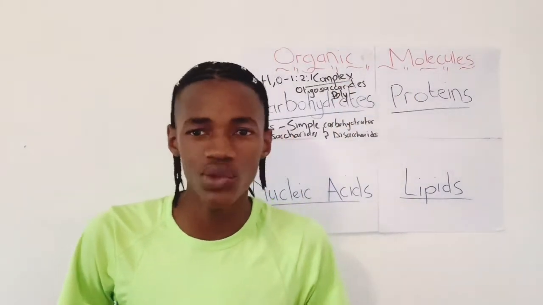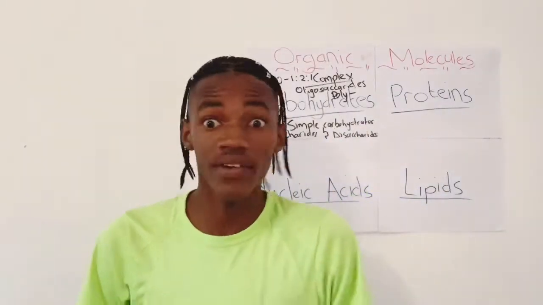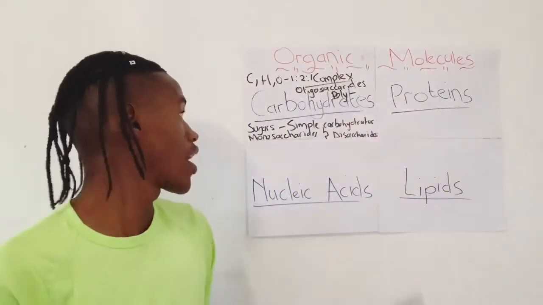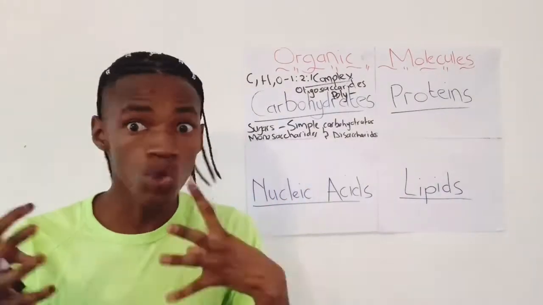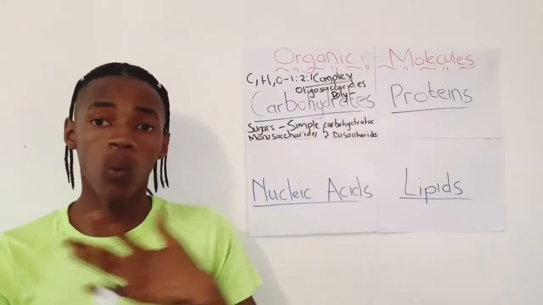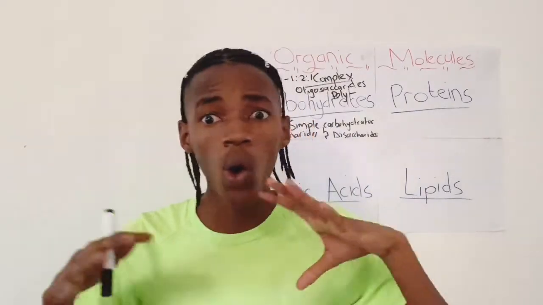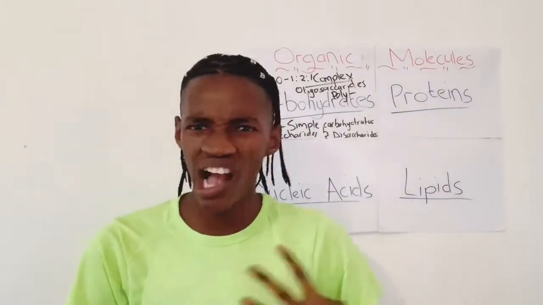Polysaccharides just means that we have chains of hundreds, thousands, even millions of monosaccharides joined together by dehydration synthesis. Well, this includes cellulose, starch, and a whole lot of other carbohydrates.